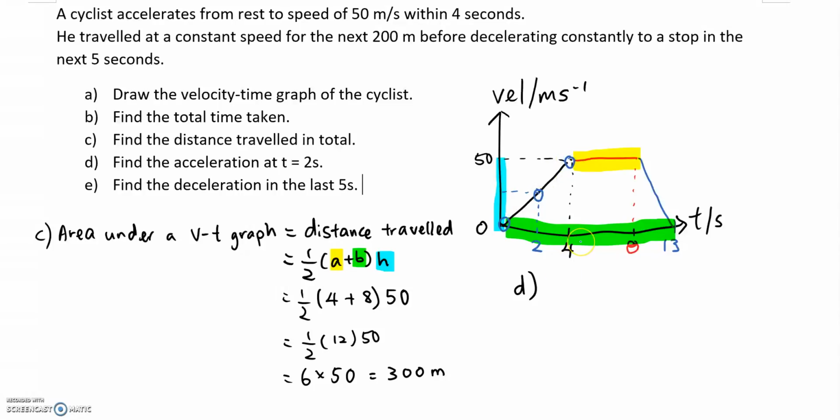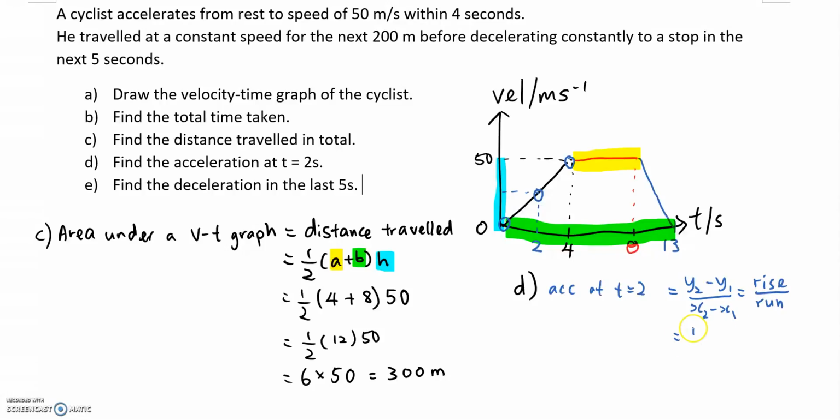So instead of finding the gradient at that point, we can find the gradient of the whole section, which means that the acceleration at t equals 2 is equal to the gradient of the line, where we use the formula y2 minus y1 over x2 minus x1, or we can call it the rise over the run.